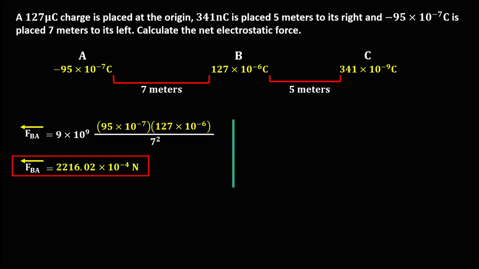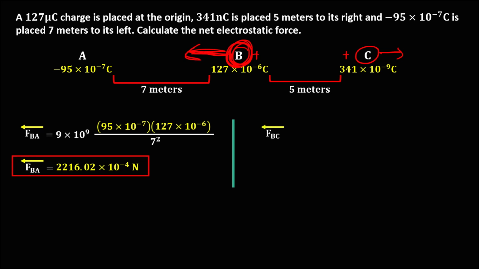Then to find the second force, the force between B and C, since B is positive and C is also positive, these two charges repel. And since B is the reference, for the force between B and C, the direction is also to the left.